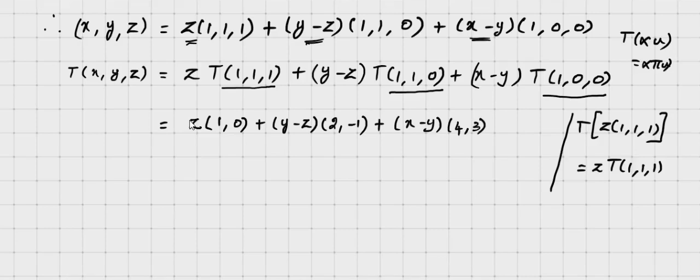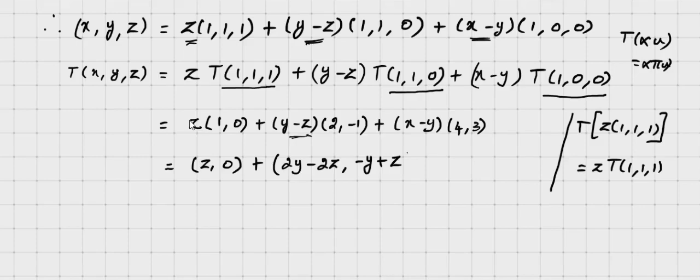The next step is we have to simplify. So here that z has been multiplied inside, so I will get z comma 0. And here this is the scalar that will be multiplied inside, that is y minus z into 2 will give you 2y minus 2z, comma, and this y minus z will be multiplied with minus 1, so that I will get minus y plus z.